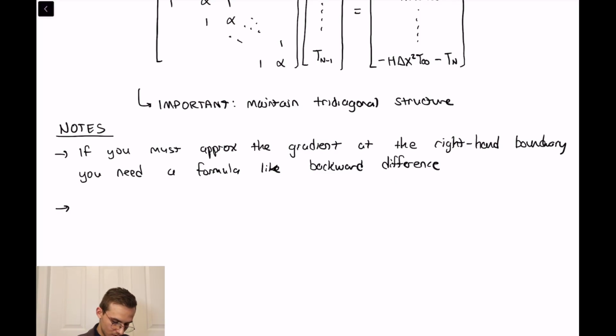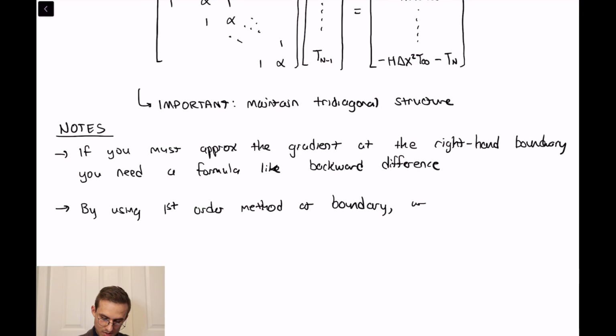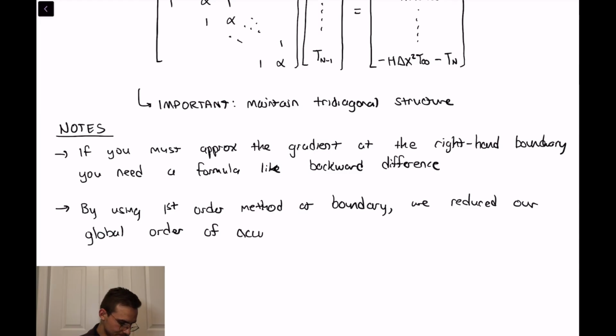Okay, so by using a first order method at the boundary, we reduced our global order of accuracy.